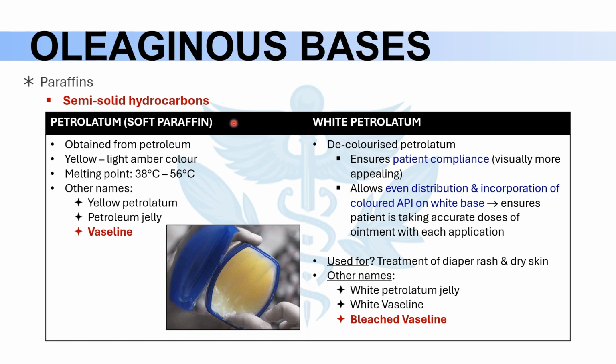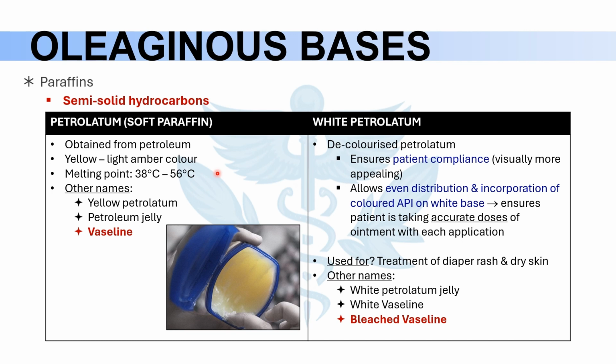Let's begin with petrolatum. Petrolatum is obtained from petroleum. It has a yellow to light amber color, and its melting point is between 38 degrees Celsius and 56 degrees Celsius. And this is very important to know as it will help us determine the storage temperature under which we store our ointment.